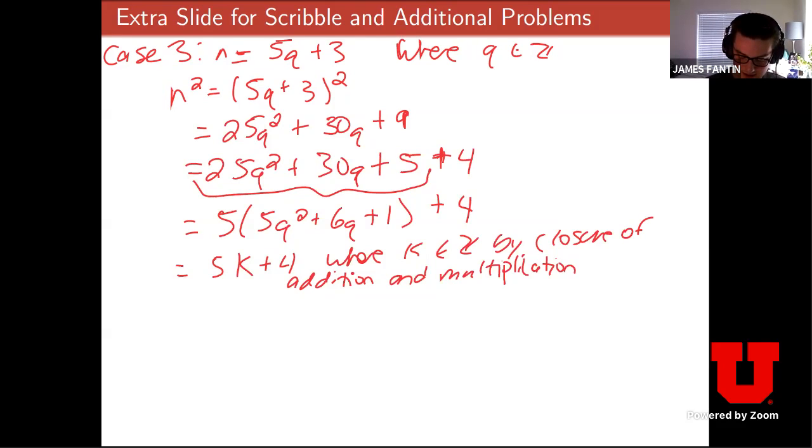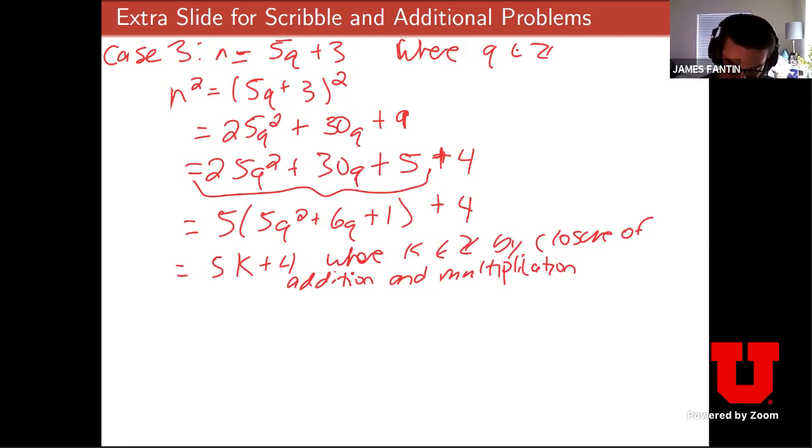Never would have thought of that. Yeah, this part's a little bit tricky. You could just end up with 5k plus 9 and think it was false. But yeah, this is the trick. Whenever you're working with problems that involve the division theorem, you always want to think about what range you want your remainder to be in.